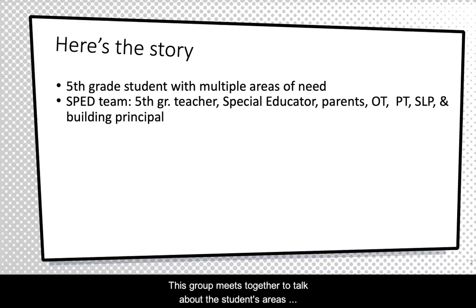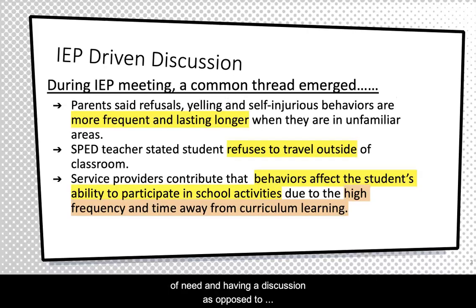So this group meets together to talk about the students' areas of need and having a discussion, as opposed to coming with the documentation of this is the IEP and the IEP goal moving forward. Having a discussion can illuminate some of the things that might be areas of need.